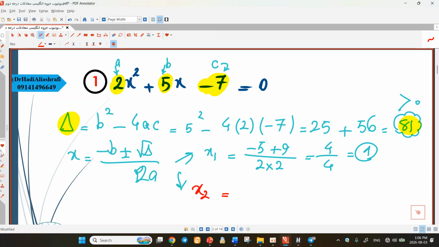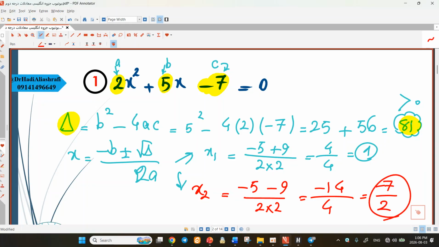And the other root is equal to negative 5, minus 9, which is negative 14 over 4. Okay? The first root is 1 and the second root is this.